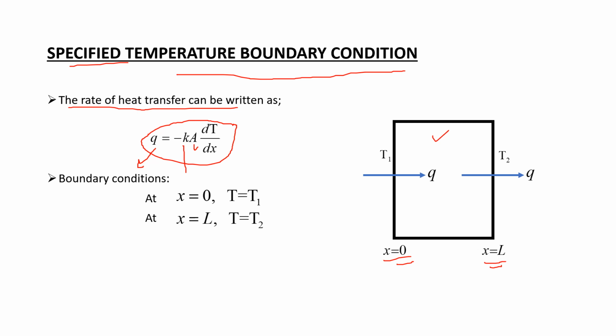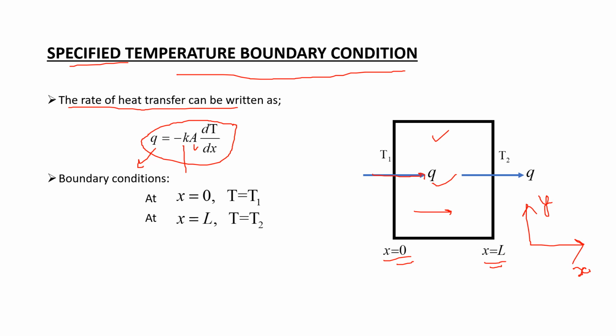The heat is being conducted through the slab in the x direction, this is the x direction and this is the y direction, and the rate at which heat is conducted is given as Q.